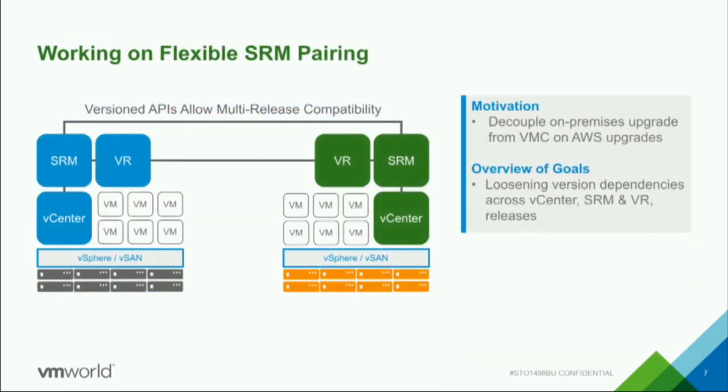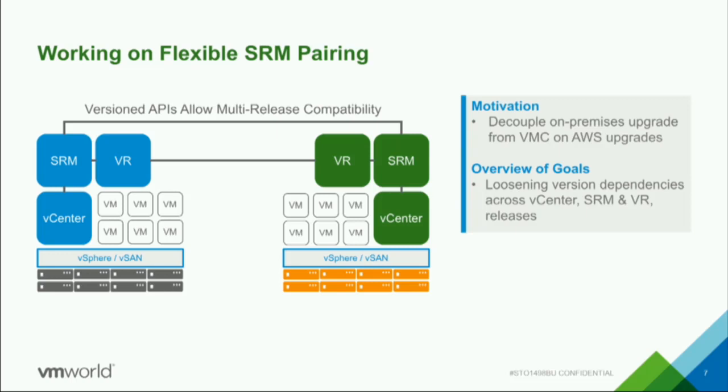So one of the things that we're planning on doing around Site Recovery Manager and vSphere Replication in particular is how do we make that work better in the context of disaster recovery as a service? One of the big challenges that Site Recovery Manager in its current iteration has is version interoperability.